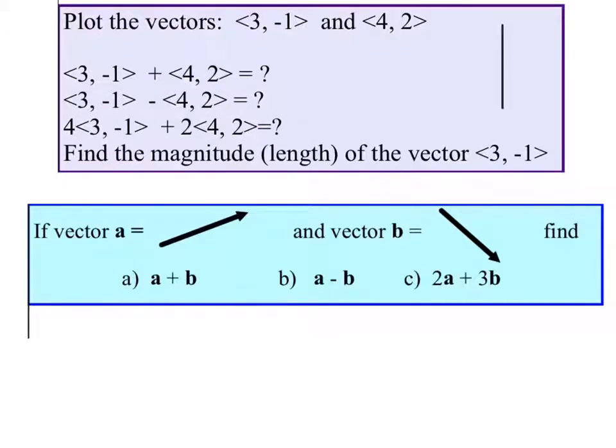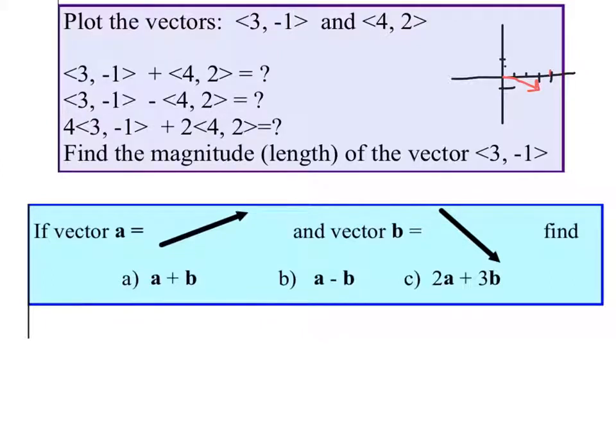So let me just quickly give a rough sketch here. 3, -1 is a vector that will have a direction that goes over 3 and down 1. So this vector will look something like that. Vector 4, 2 will mean this vector will go over 4 units and up 2 units.